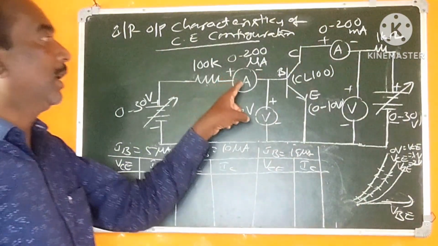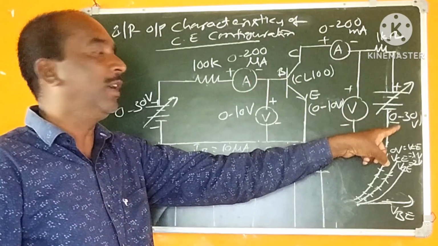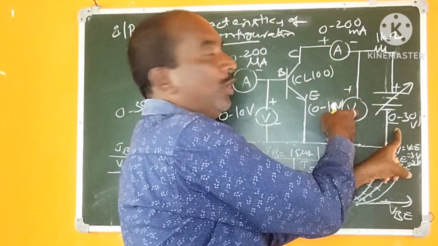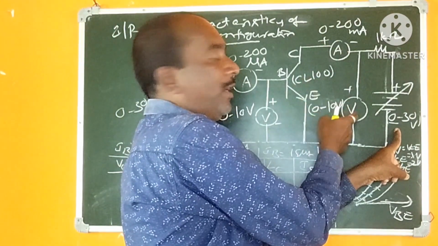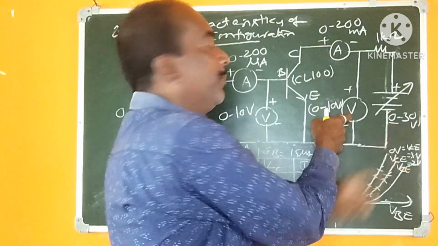Now, by maintaining this input current IB as constant and varying this RPS power supply, we can note down the readings of ammeter and voltmeter. That means collector current and collector-emitter voltage, IC and VCE, are to be noted.